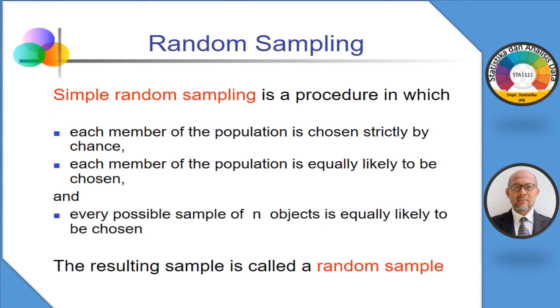Each member of the population is equally likely to be chosen, and every possible sample of an object is equally likely to be chosen. So if we take a sample like this procedure, we call it a random sample. Okay. There are many other procedures, but we don't talk about all of them in this course. This is just an understanding of simple random sampling.